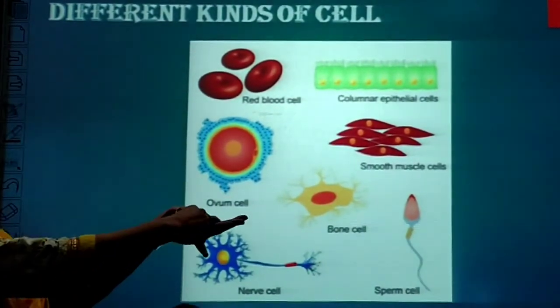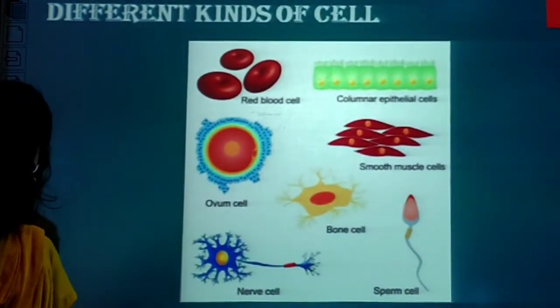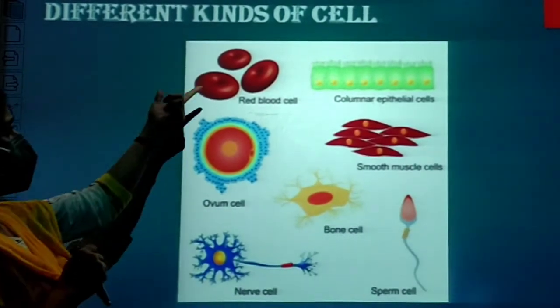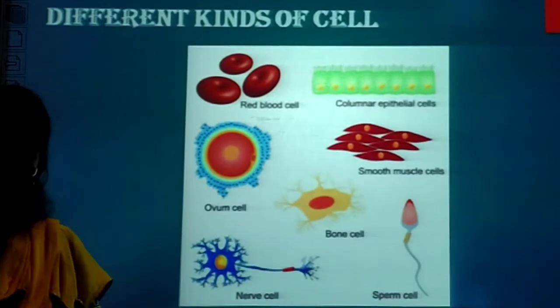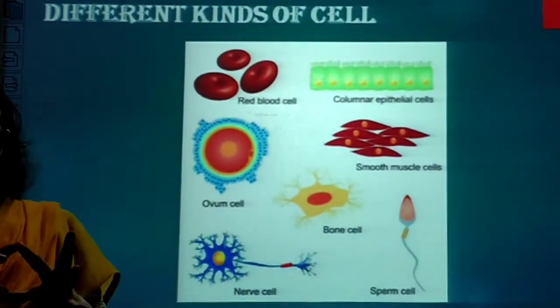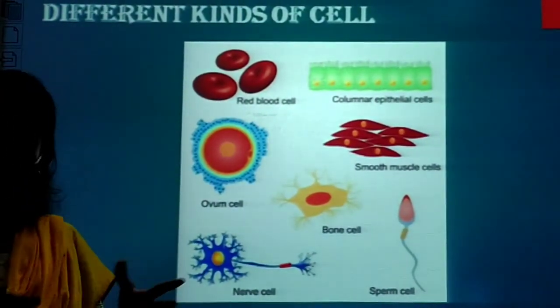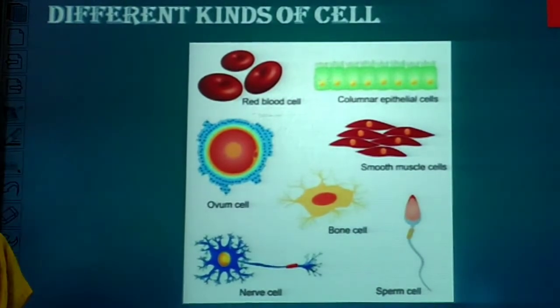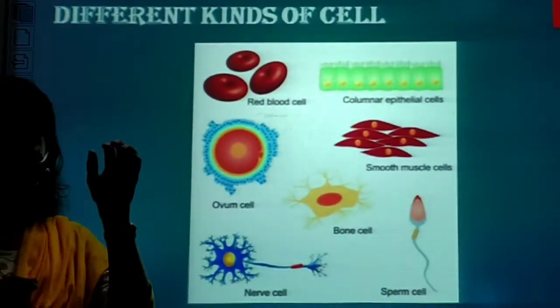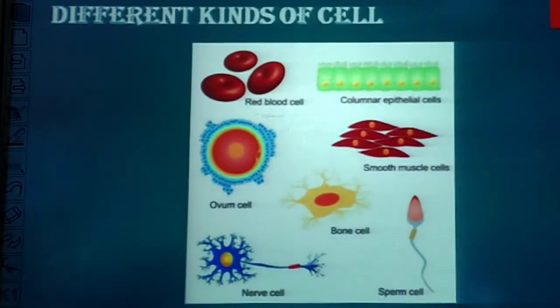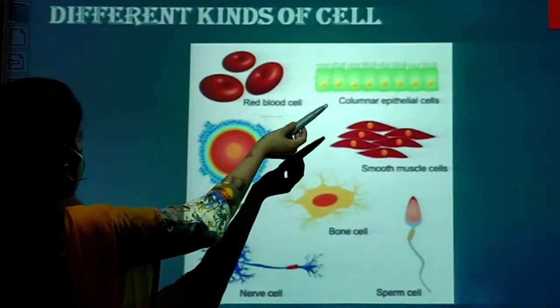So this red blood cell has a biconcave structure. It is naturally made so because it has to pass through small and thin capillaries to supply oxygen throughout the body. That's why its feature is like that.